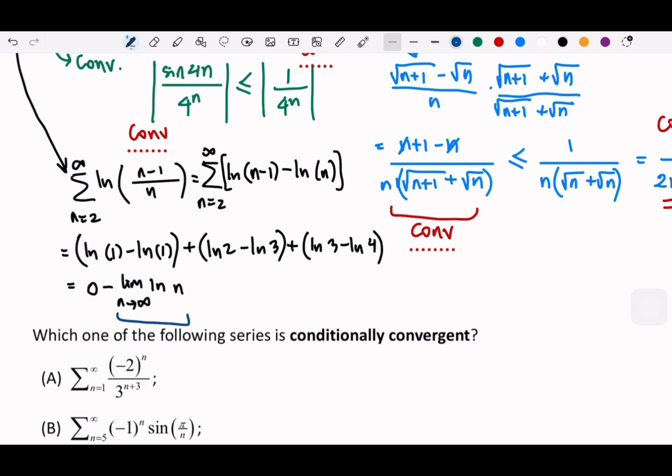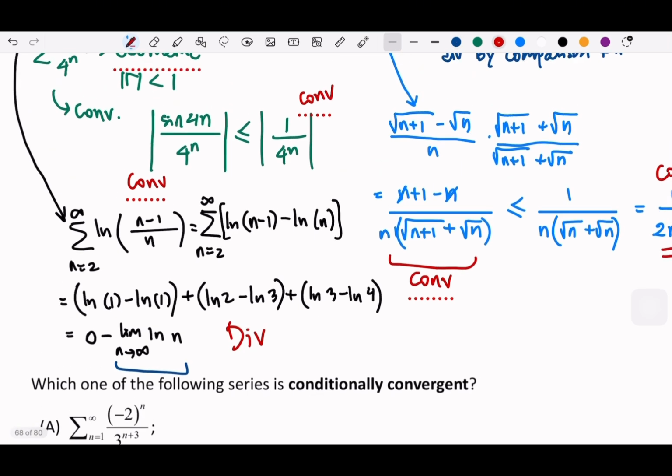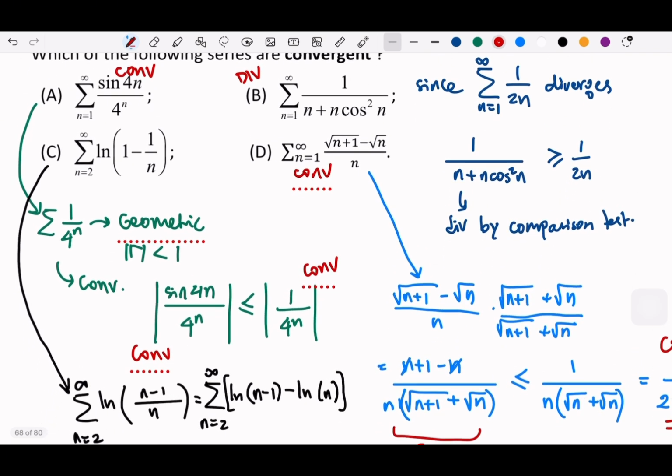Which is going to infinity, right? Which means this is going to diverge. So the convergent ones are only A and D, so this one diverges.